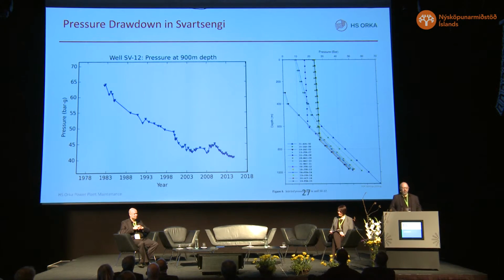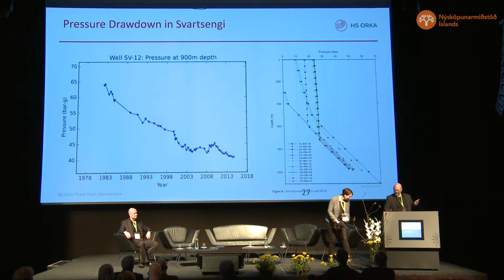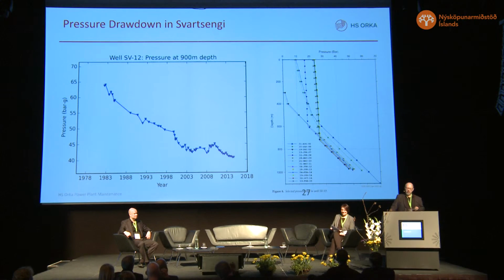In recent years, our principle has been that we must have a little pressure drawdown, but not much, and this is to keep our two-phase part of the system, or the steam part, growing a bit larger, but we must also keep up the temperature, so the reinjection must not be too intense.